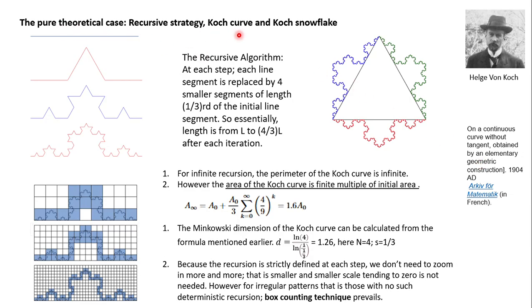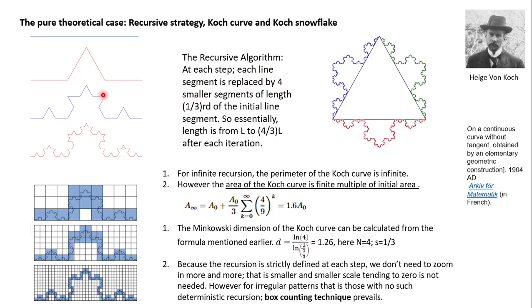Now we have something which is a theoretical case, which von Koch basically wrote this article on: a continuous curve without tangent obtained by an elementary geometric construction. Essentially, take a line and make it 4/3 of the length.